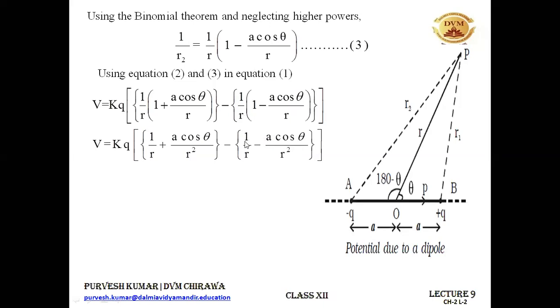This 1 by R with minus sign gets cancelled out with the other 1 by R, and you are left with A cos theta upon R square plus A cos theta upon R square. So V is equal to KQ times 2A cos theta upon R square, and this KQ was there outside the bracket, so I have just multiplied it with this.